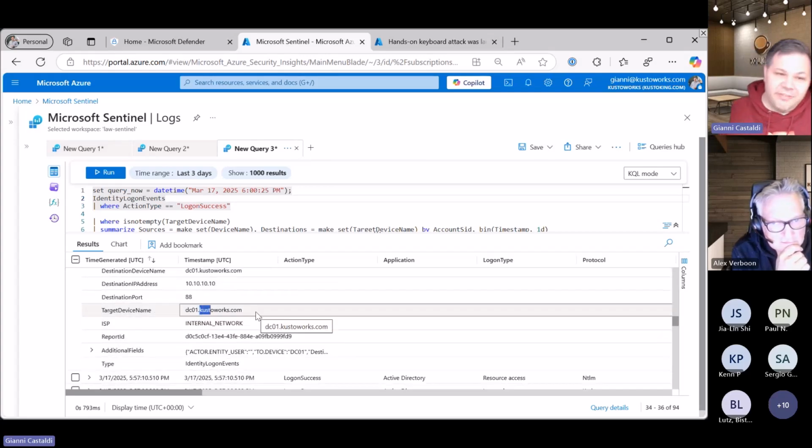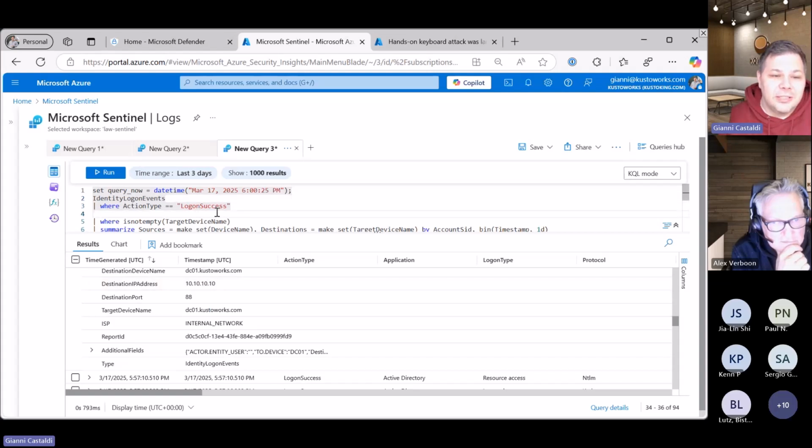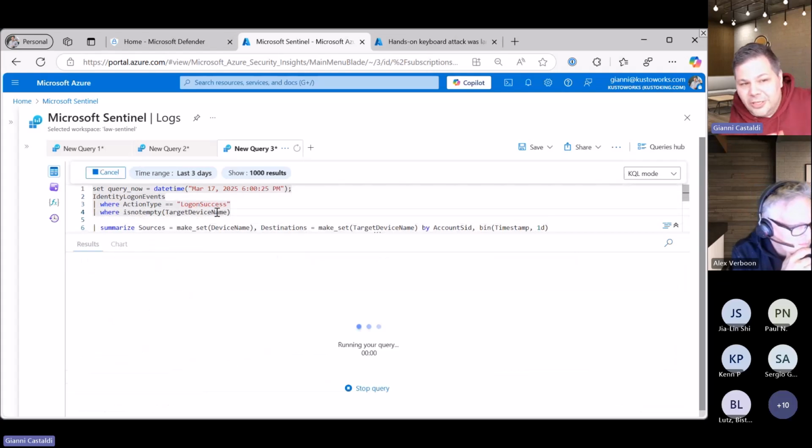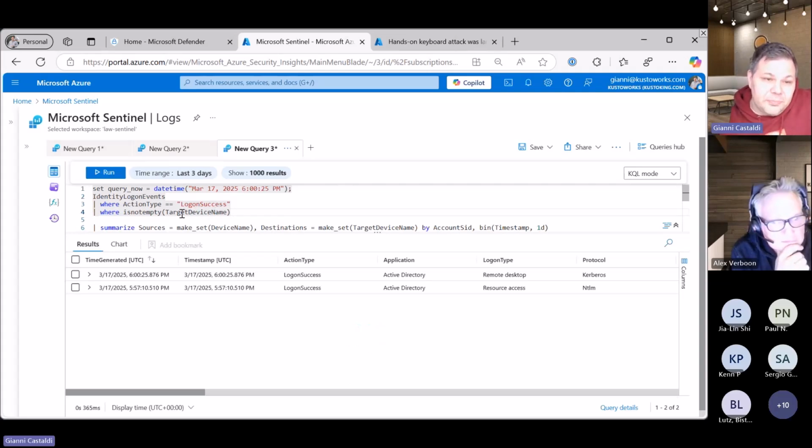So basically I have a desktop, I have a certificate server, and I have a DC, and I wanted to see how things went. What we first do is filter out all the records where we didn't have a target device name, because you need a target device name to make an RDP connection.